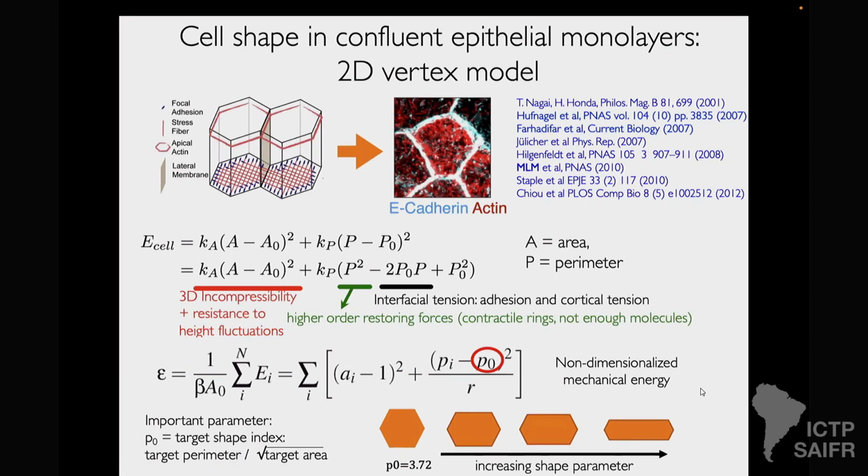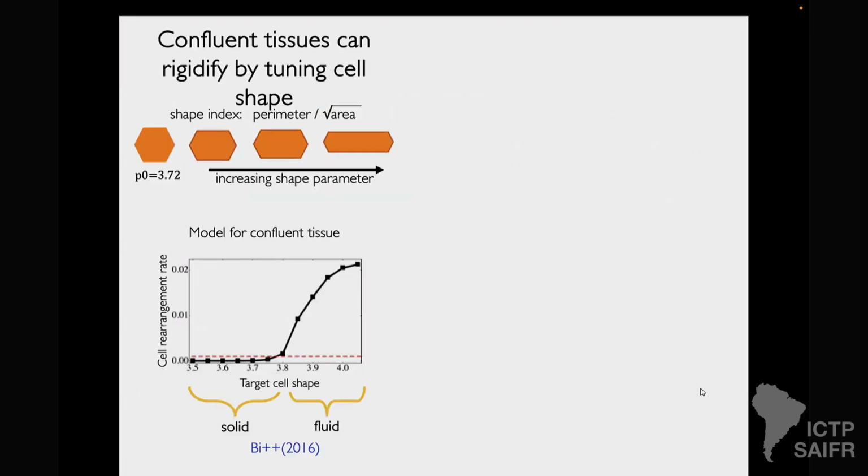So as I go from more rounded to more elongated, that's usually associated with an increase in the shape parameter. Okay, and although it's a very silly model, it predicts basically that there should be a transition of the rigidity of the tissue at a critical value of this shape parameter.